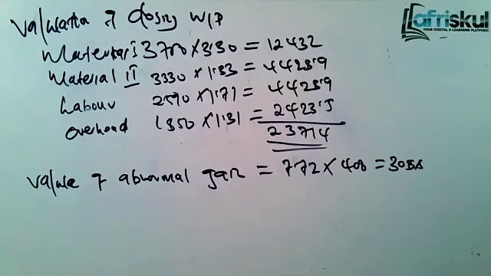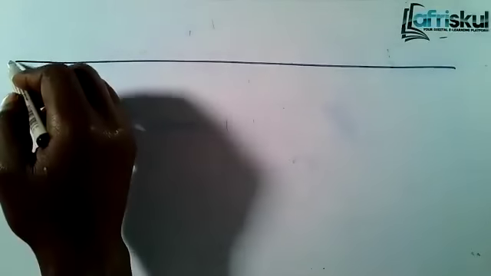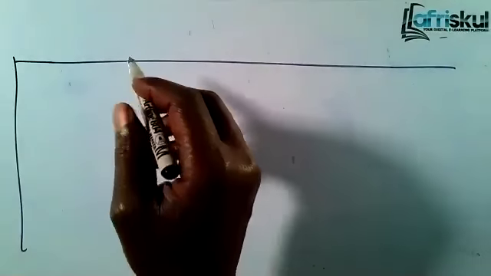So we go now to the last portion of the question, and then we'll have done enough. The question required us to prepare what we call the process account. The process account has two sides, the input and output side.